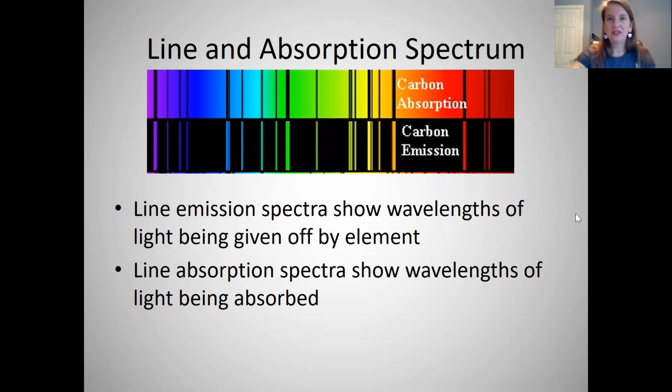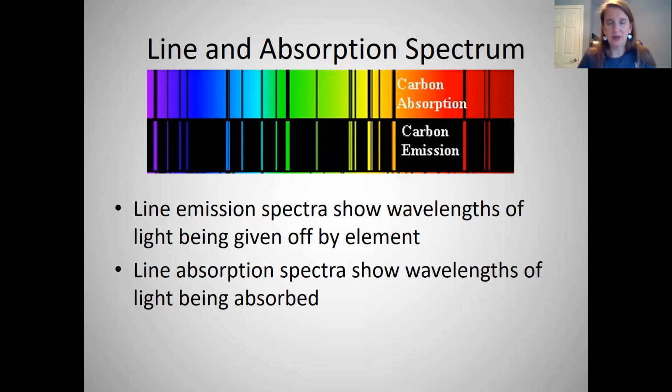So we have different kinds of line spectra. We have a line absorption spectra, and we have a line emission spectra. Think about what absorption and emission mean. A line absorption spectra shows the wavelengths of light that the atom is absorbing. So all these black spaces in this top picture represent the wavelengths of light that the carbon atom is absorbing, taking in.